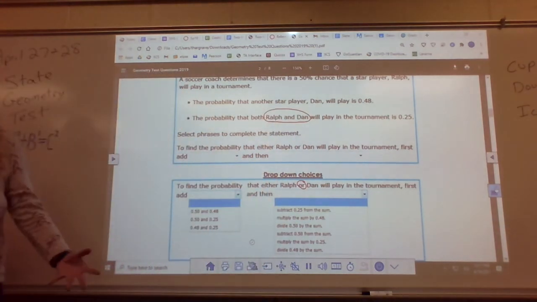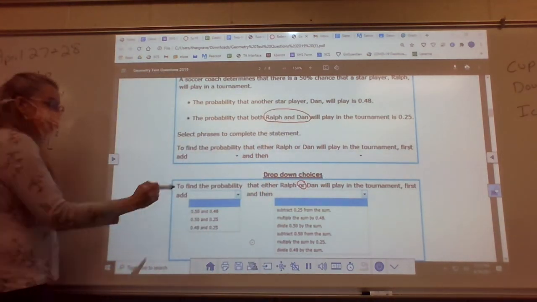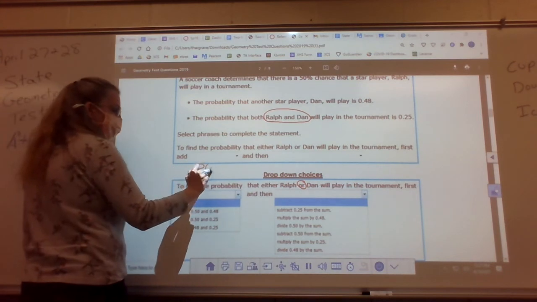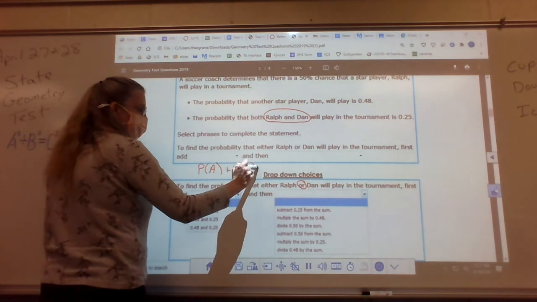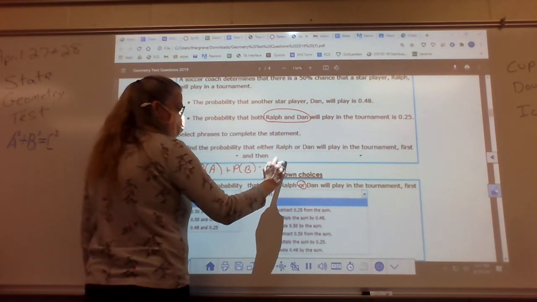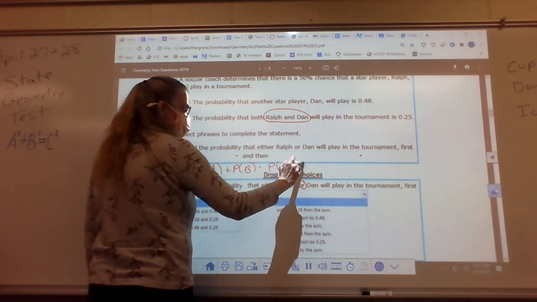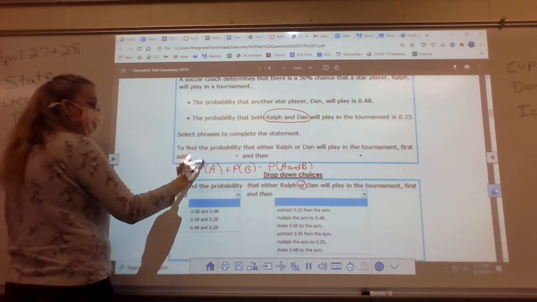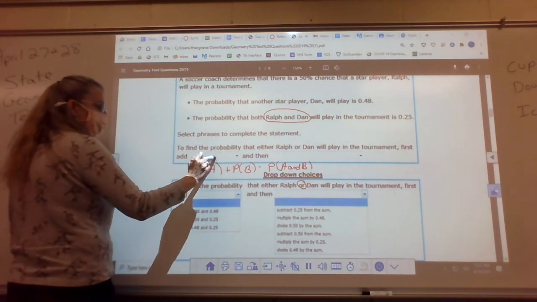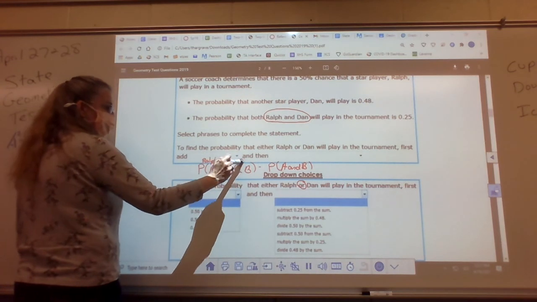So this is the one they actually give us the formula. The formula was the probability of A plus the probability of B minus the probability of A and B. So the probability of A would be Ralph. The probability of B would be Dan.